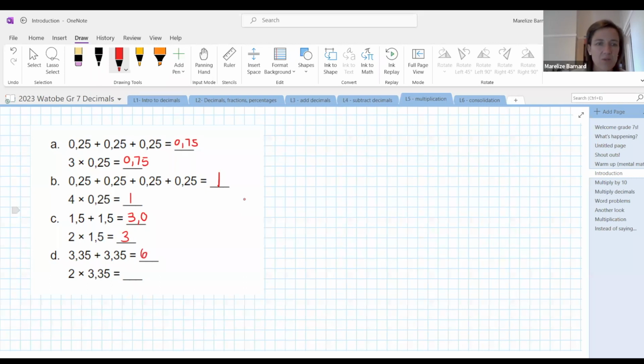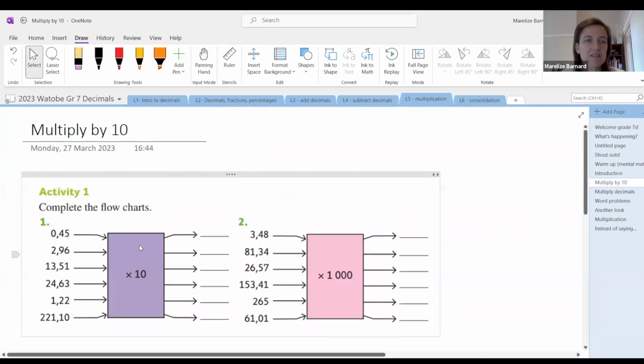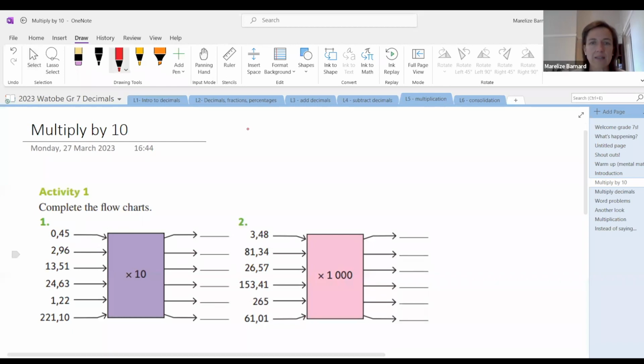That is 6,70. So if we say 2 times 3,35, what do we get? 6,7, the same.